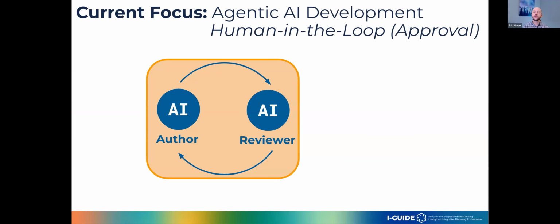And the current focus for us right now in I-GUIDE is doing what we would call human in the loop using human approval. So we're not going fully autonomous for I-GUIDE. We will have a team behind it, making sure that anything that's AI generated meets a quality spec.